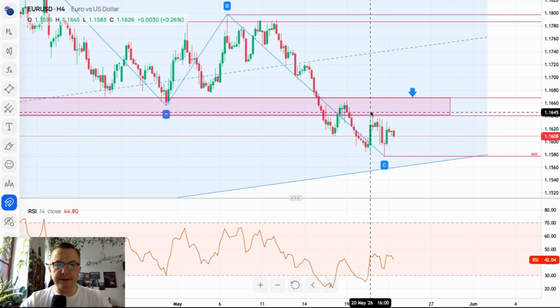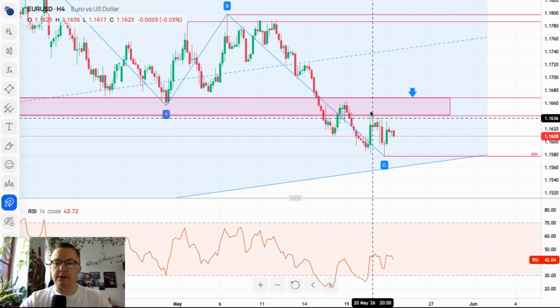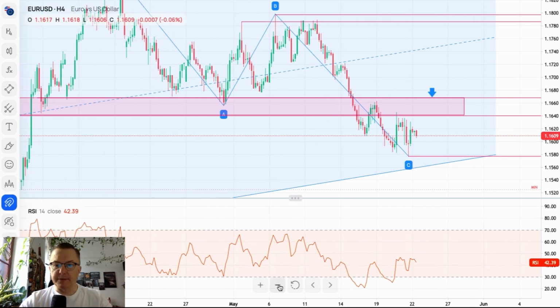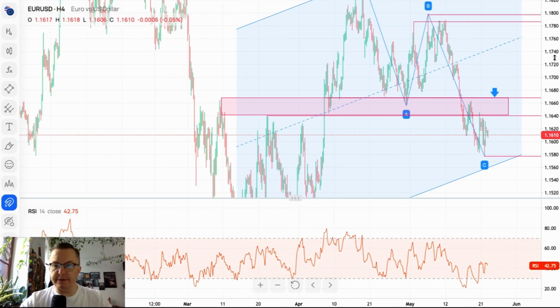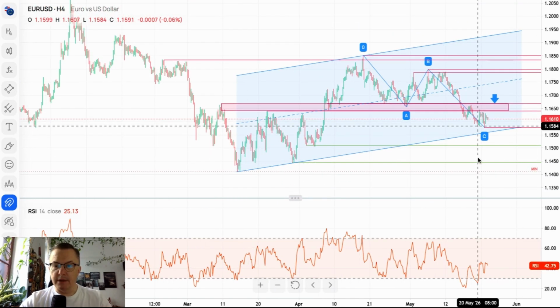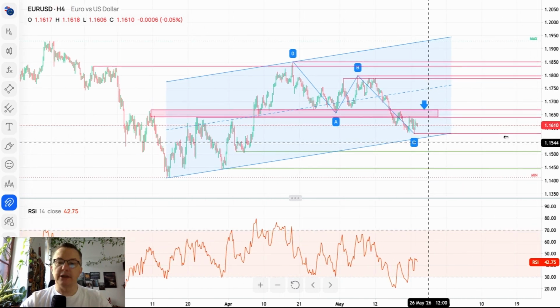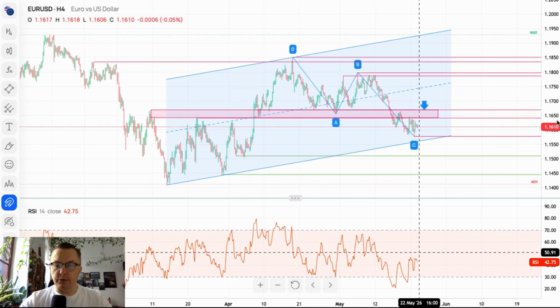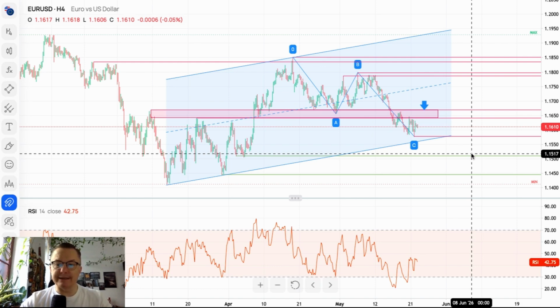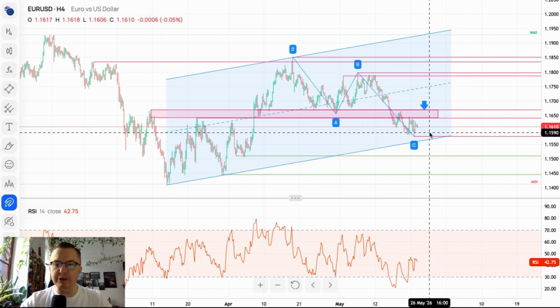The upside is limited to 1.1645, where the supply zone is located. From the bigger point of view, you can see we got this big channel here, and this lower line of the channel can be treated as a trend line as well. With this kind of momentum, 42 points only, we might expect another movement to the downside.